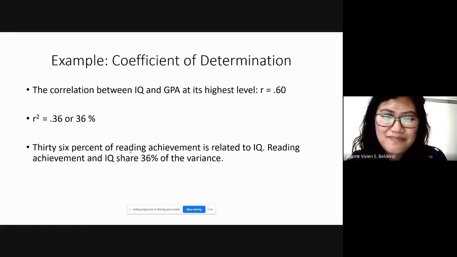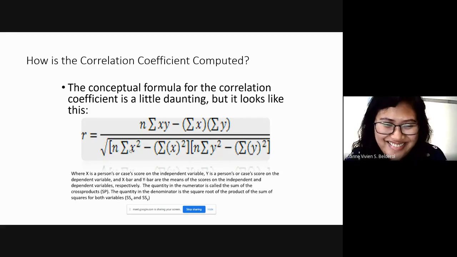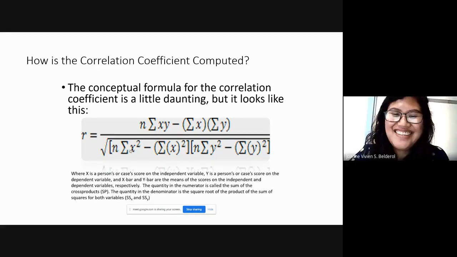Okay? So that is the formula for the correlation coefficient.